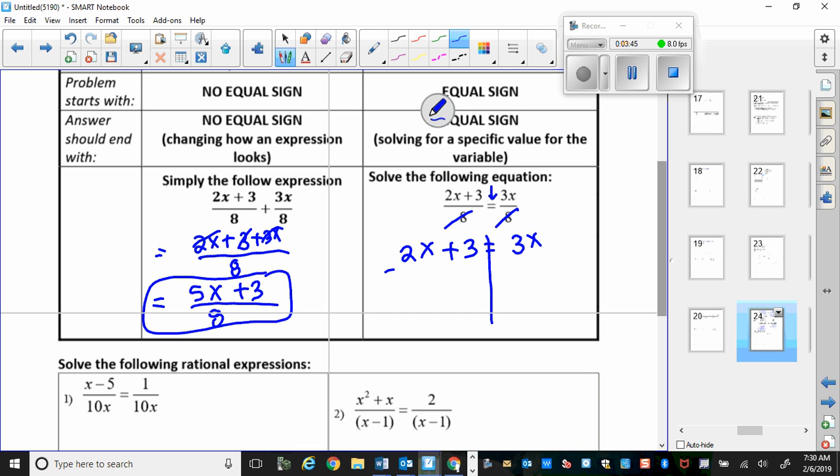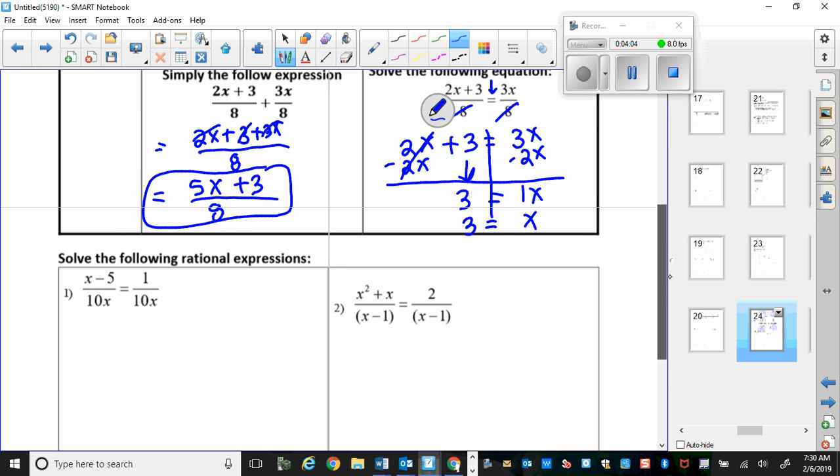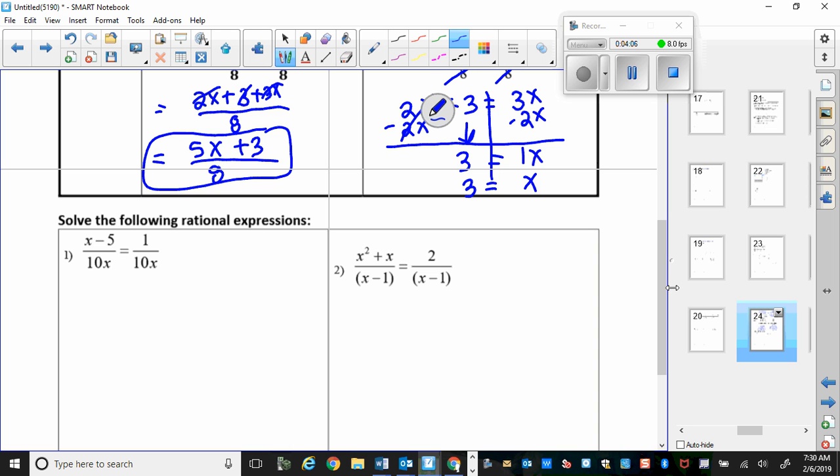So I'm going to move the x terms together. 2x minus 2x goes away, 3 comes down, equals 1x, and that's just x equals 3. Like I said before, you end up with an equal sign, a variable equals a number.